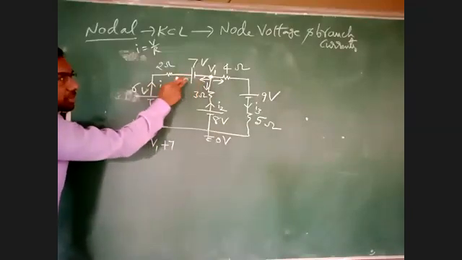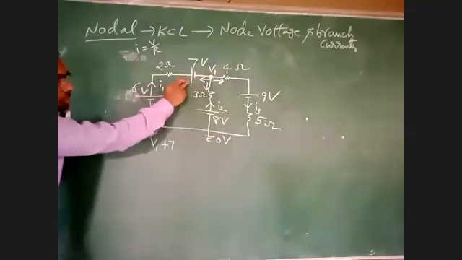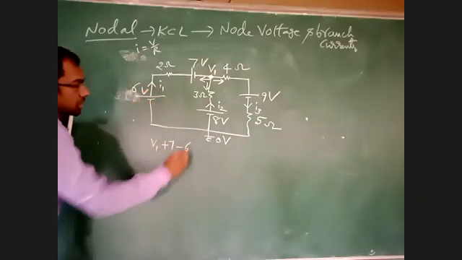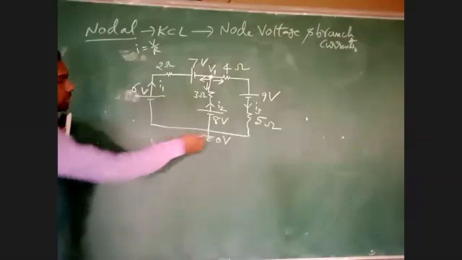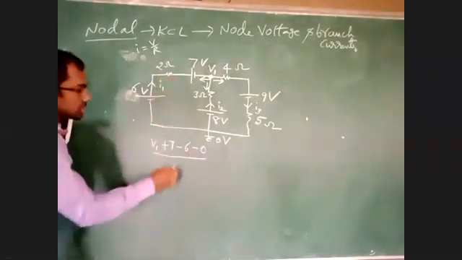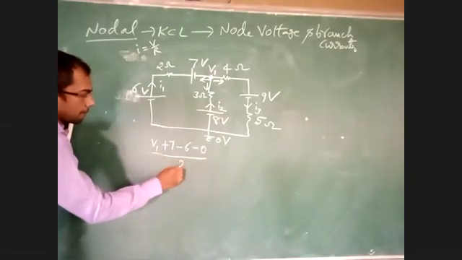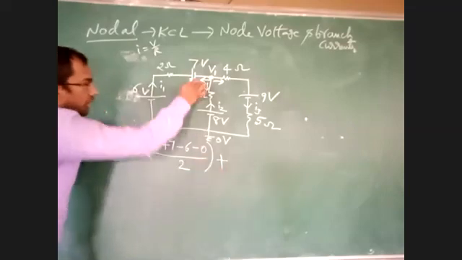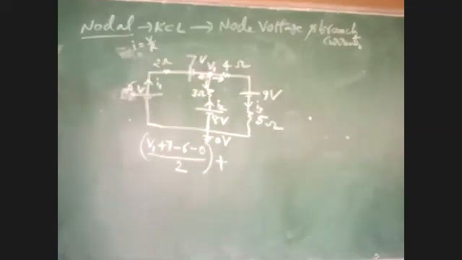This current is moving from minus to plus, that's why plus. Here plus to minus means minus 0, divided by resistance, which is 2. One branch is completed.